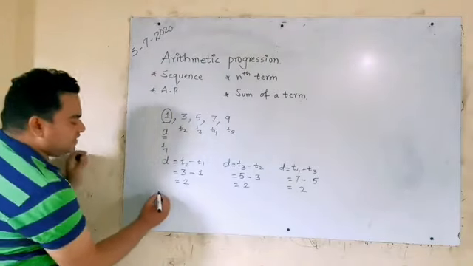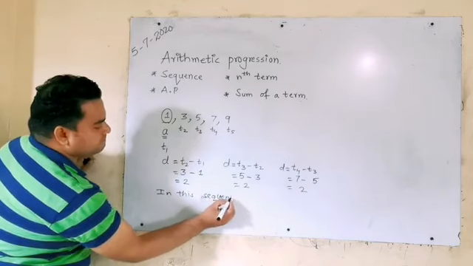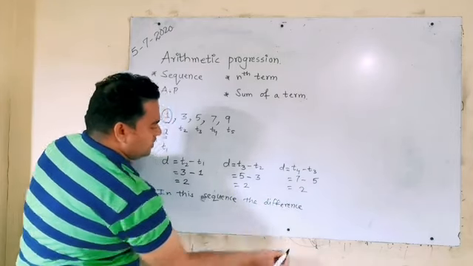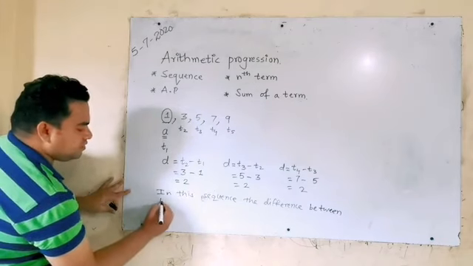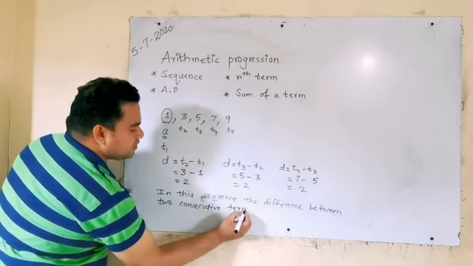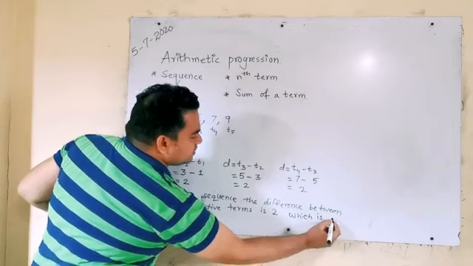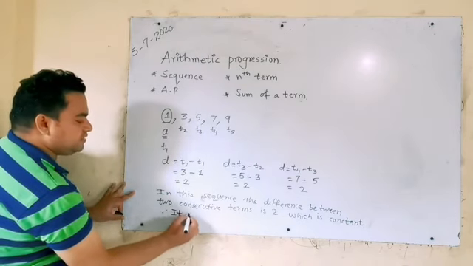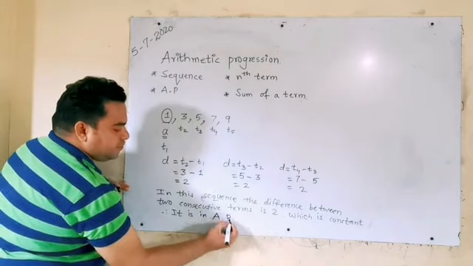So we can say in this sequence, the difference between two consecutive terms is 2, which is constant, therefore the given sequence is in arithmetic progression.